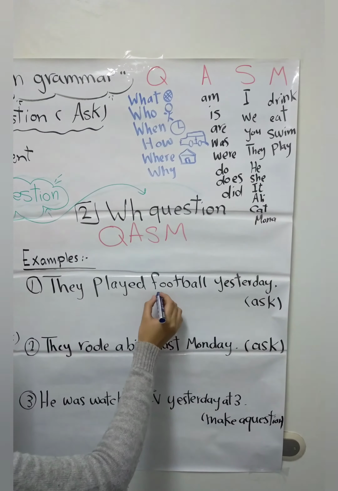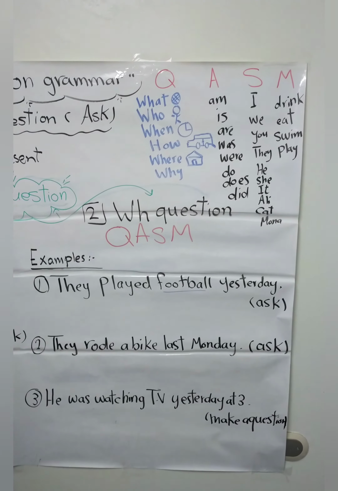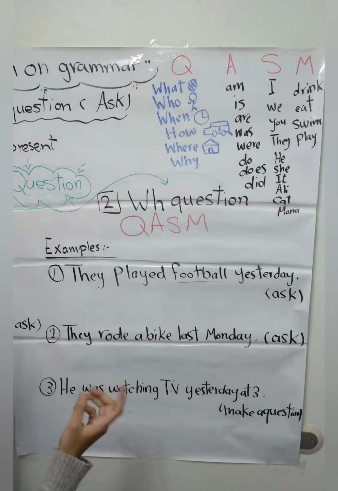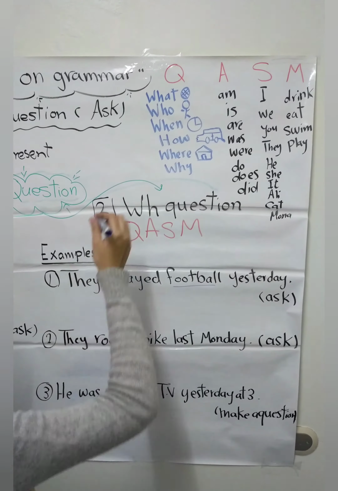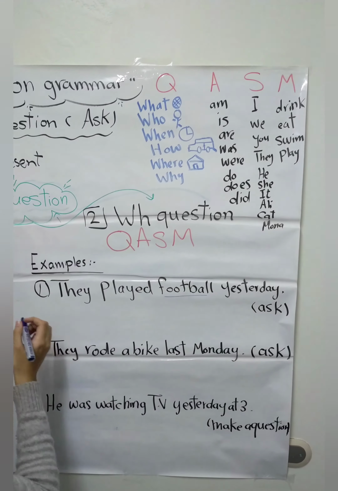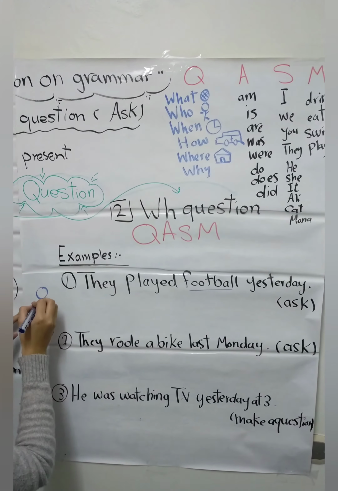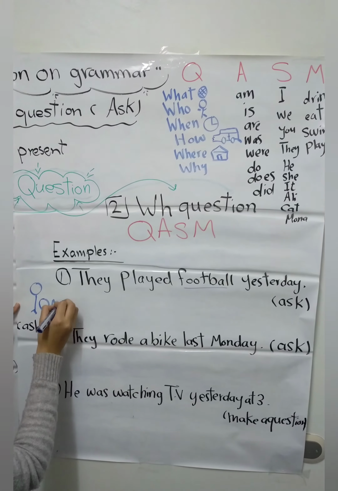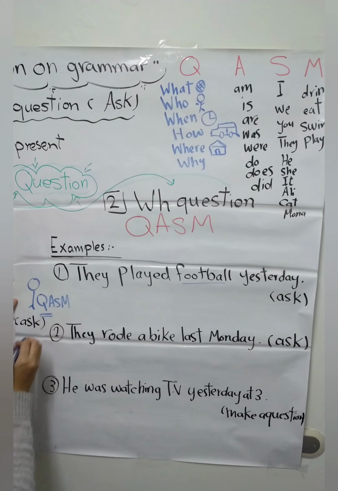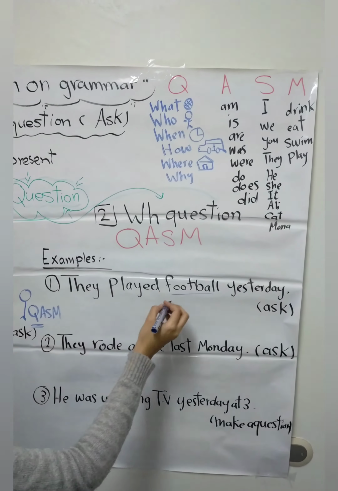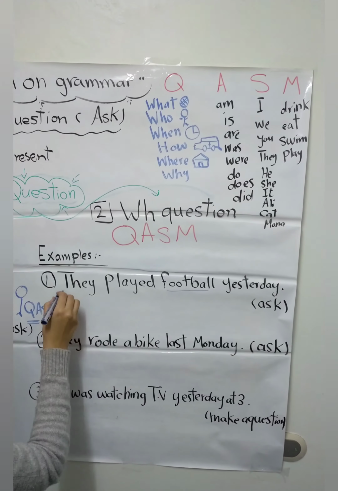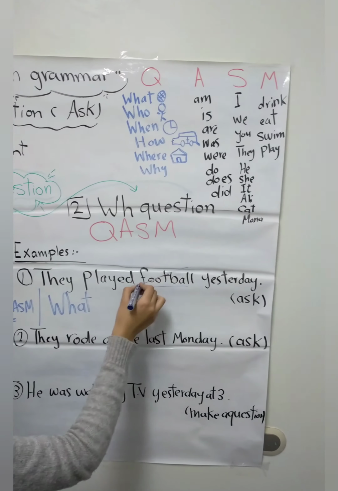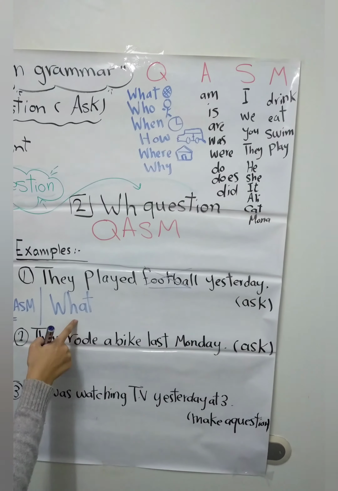We want to ask about football, and football is a thing that doesn't have a brain, so we ask about it with what. So here our friend Qasim: Q, WH question, and we ask about football with what? And cancel football because we ask about it with what.